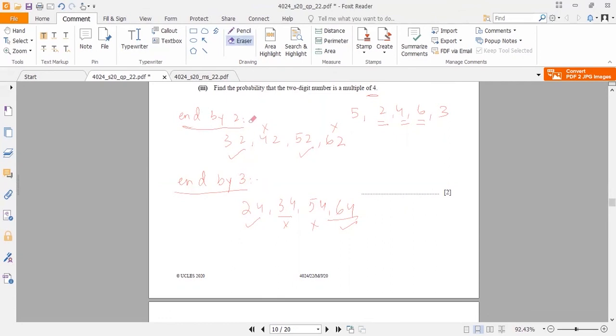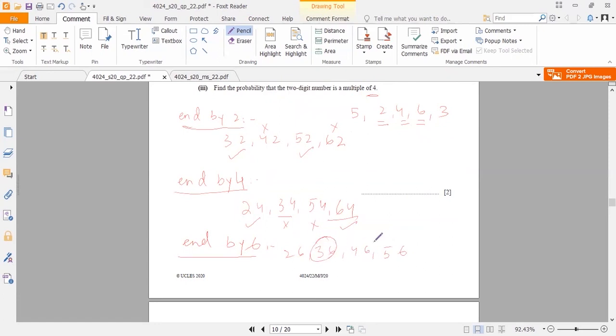Now ending with 6. The possible numbers are 26, 36, 46 and 56. Only two numbers are divisible by 4, that is 36 and 56. So the total that are divisible by 4 are 2 plus 2 plus 2, which is 6. So the probability will be 6 upon 20.